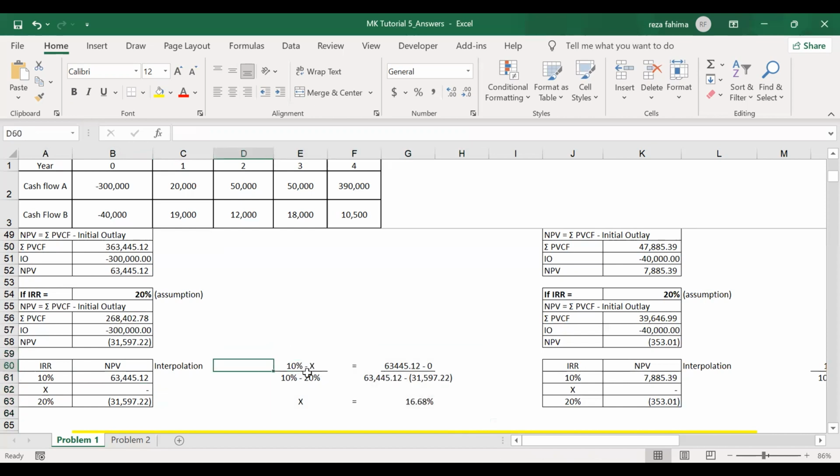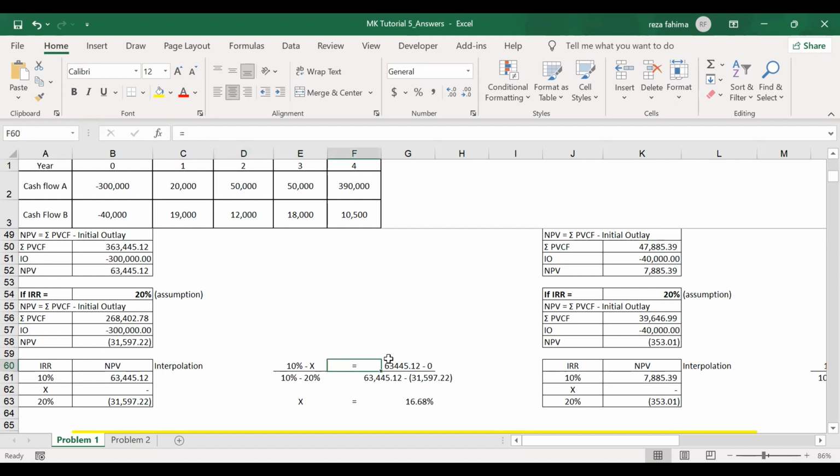We have to write down this formulation. The 10%, which is our first assumed IRR, minus our actual IRR, which is the rate that we are looking for, divided by the 10%, our first assumed IRR, minus our second assumed IRR, which is 20%.